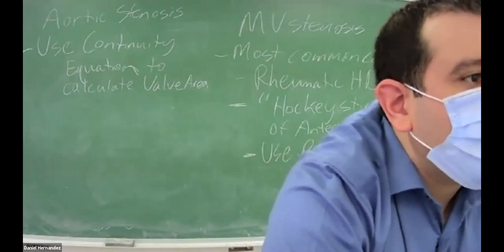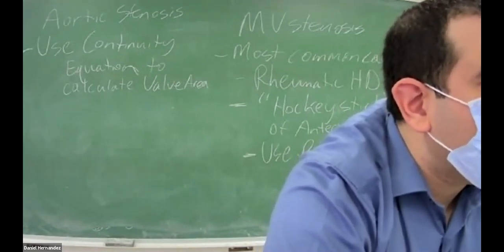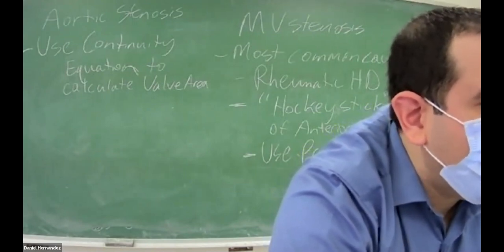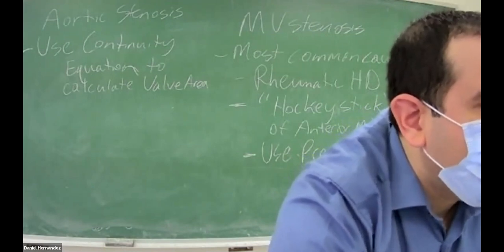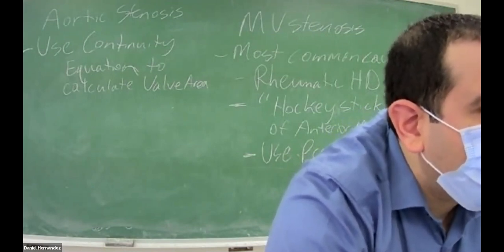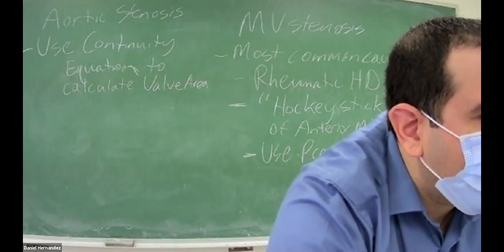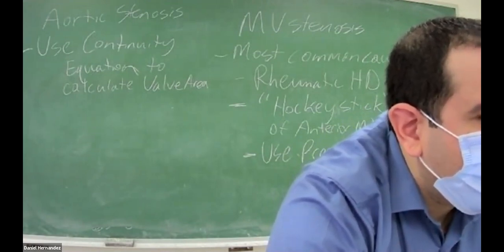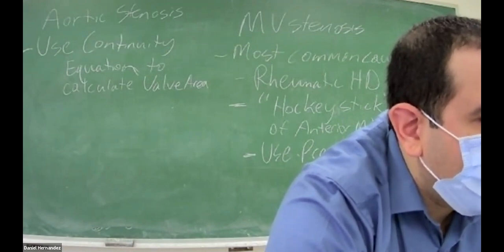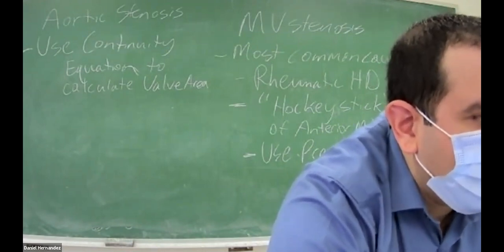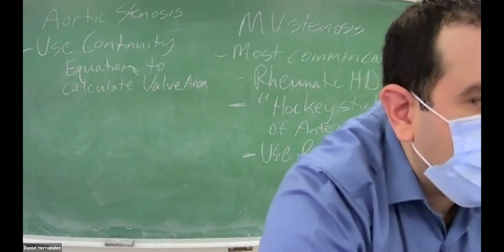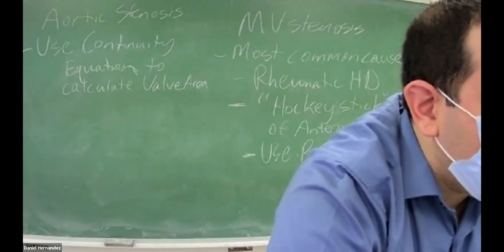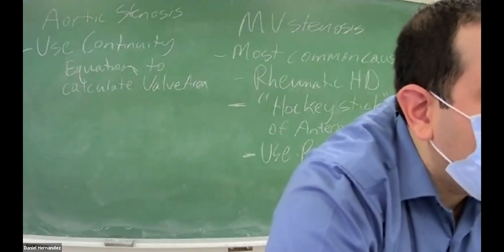This is a good reference too when you get into your boards and studying. Partial mid-systolic closure of the aortic valve may be seen with septal hypertrophy due to sudden decrease in cardiac output.